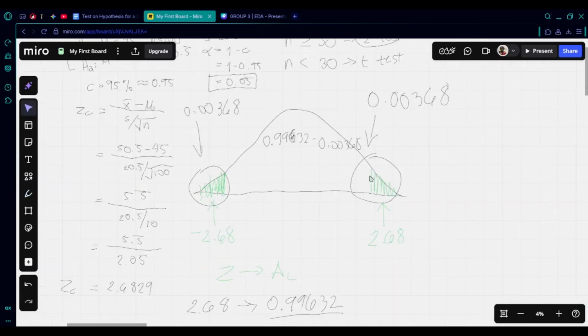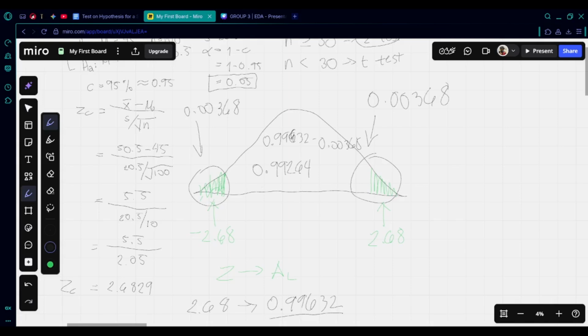So the value of this unshaded region is 0.99632 minus 0.00368, which is equal to 0.99264. So this is the value of the unshaded region.